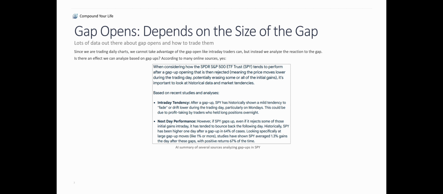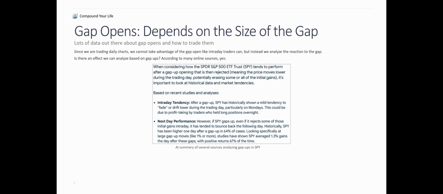Whereas if the gap is not very large, there's likely to be profit taking, and it's good for fading. However, this second point here is what I want to focus on because we are trading daily charts, and so we care about daily bars. So therefore, next day performance, as well as the performance of 5 days out, 3 days out, that can matter.